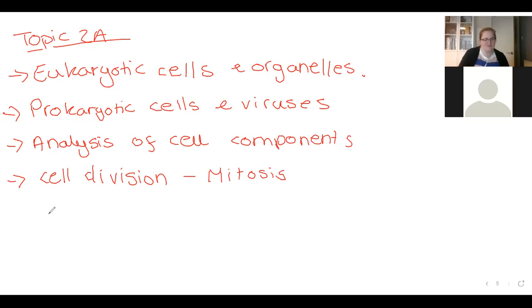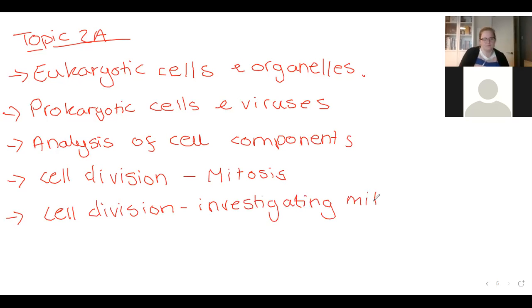And then we have cell division investigating mitosis. And again, lots of topic 1 starts to appear. So in eukaryotic cells and organelles, we start talking about mitochondria. So we start bringing in inorganic ions again.